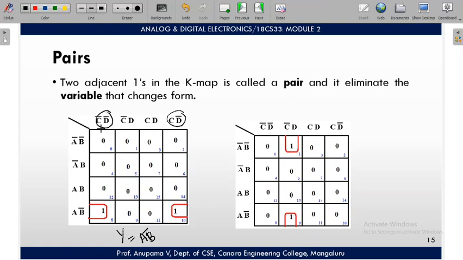Here I can see the C variable changes its form from C bar to C, so it gets eliminated. Write D bar directly and finally add D bar with the resultant which we received in the row. So the final reduced form of the equation will be A B bar D bar.